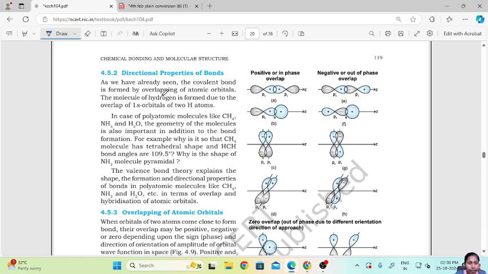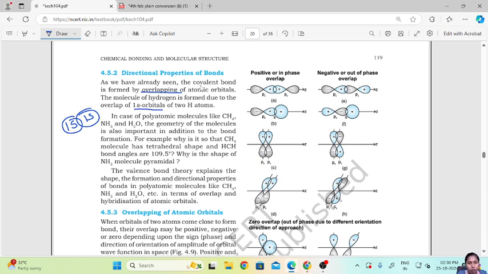So the molecule of hydrogen is formed due to the overlap of 1s orbitals of two hydrogen atoms, because hydrogen has only 1s orbitals. So overlapping of these 1s orbitals forms the hydrogen molecule.